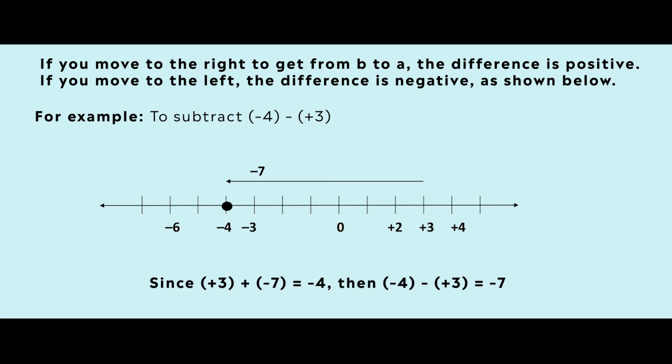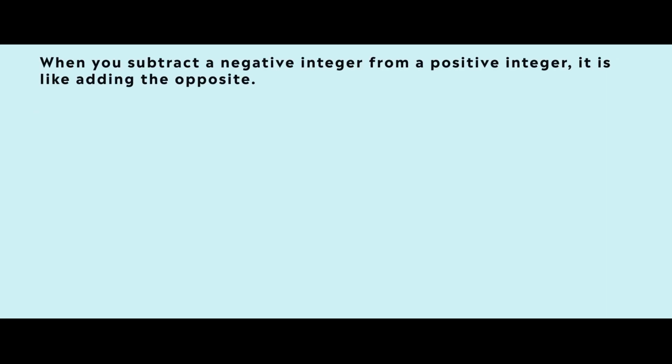Since positive 3 plus negative 7 equals negative 4, then we can say negative 4 minus positive 3 equals negative 7. When you subtract a negative integer from a positive integer, it is like adding the opposite.